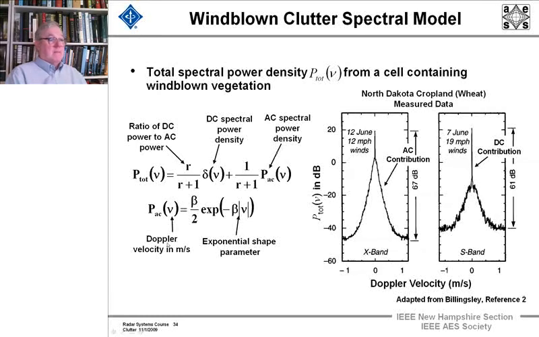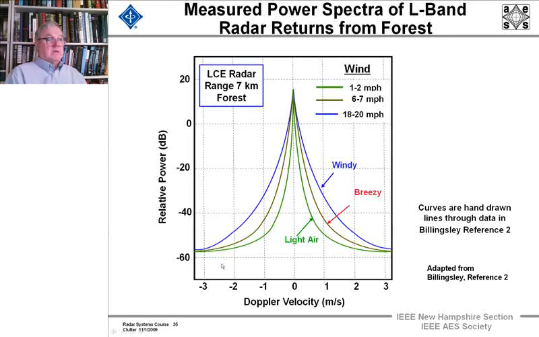And here's that AC spectral power density, in meters per second. And it has this form. It's an exponential shape with a parameter beta.